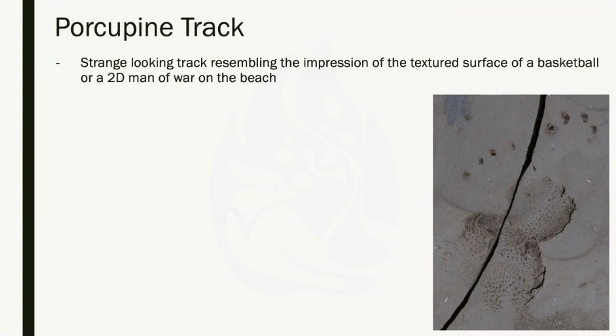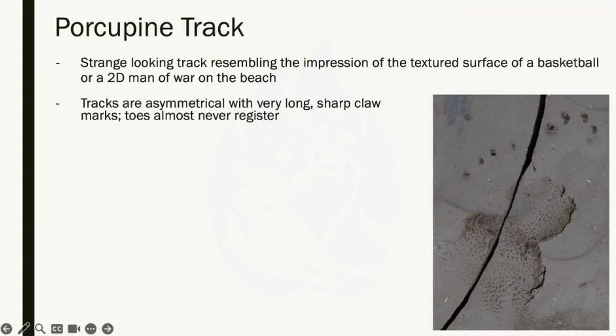Also, the shape of the track is kind of oblong. If you've ever seen a man of war wash up on a beach, it looks a little bit like that. The tracks are asymmetrical, so again, it's this kind of weird oval oblong shape, and they have very, very long claws that register as very sharp marks.